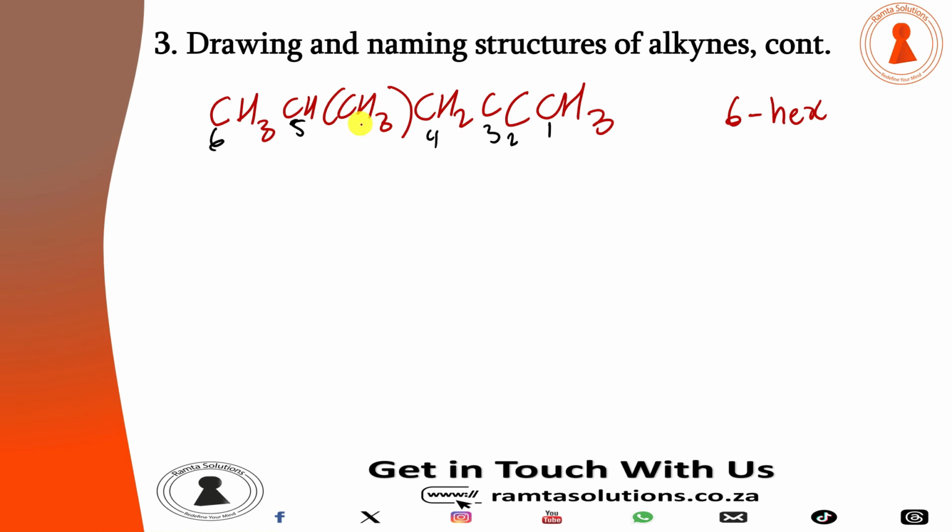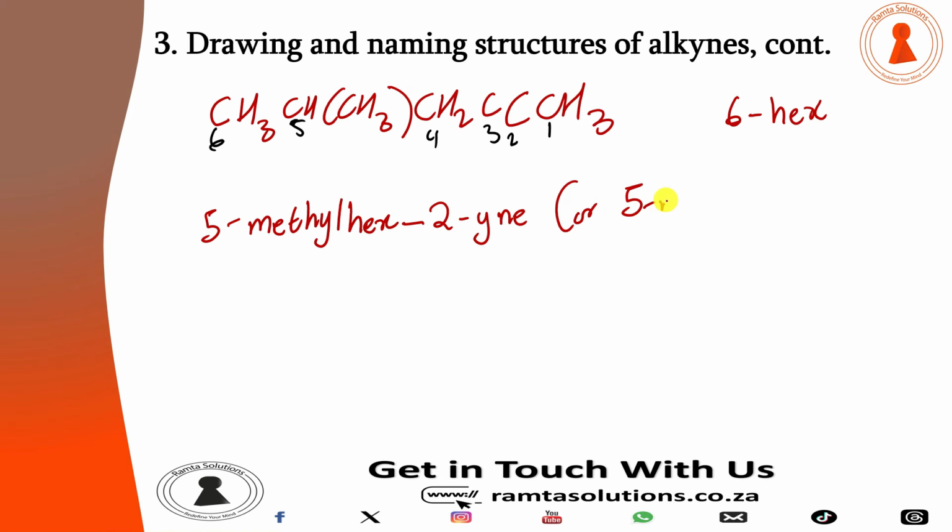So where is our substituent? I see it's on carbon number, not number 4, but number 5. Therefore, it'll be 5-methyl hex, where the triple bond is on carbon number 2, so hex-2-yne.